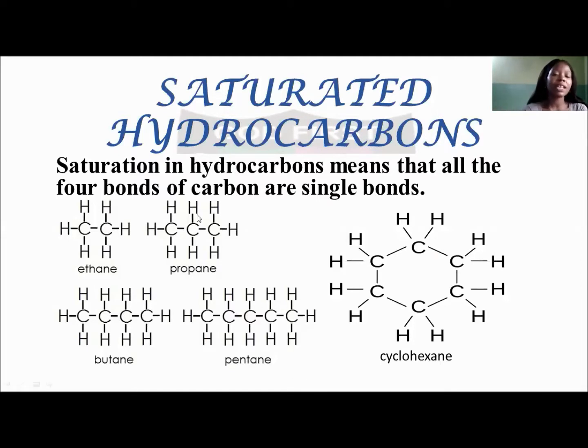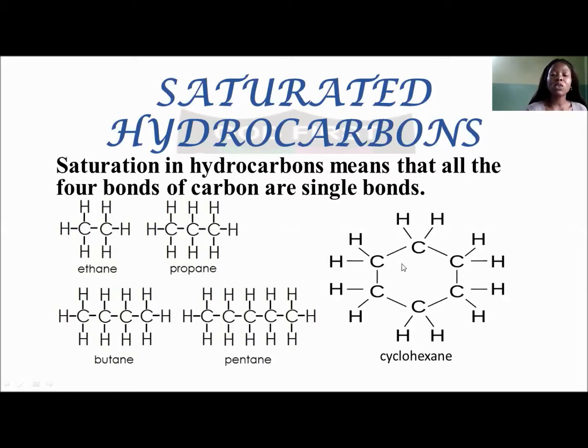Now look at these examples that you have here. You have ethane, propane, and the rest of them. Each carbon can only form 4 bonds, so in each case you have 4 bonds and they are all single bonds.